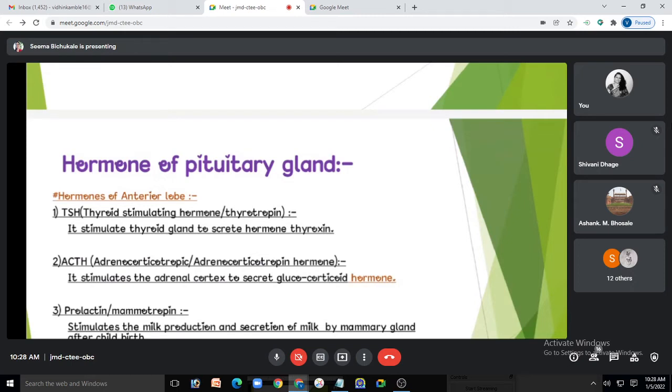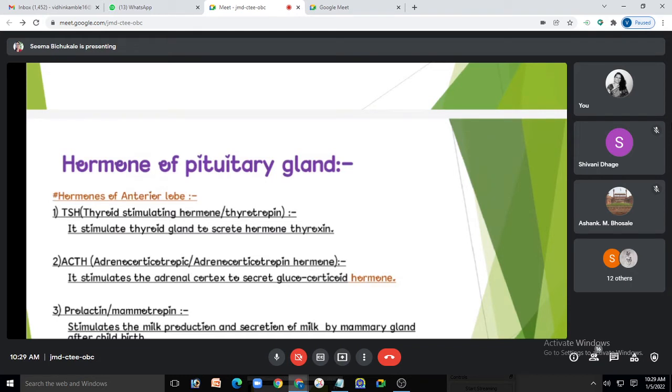Thyrotropin stimulates the thyroid gland to secrete the hormone thyroxine. It also increases the amount of iodine and the rate of metabolism of all cells of the body.